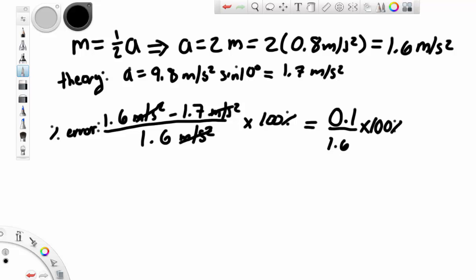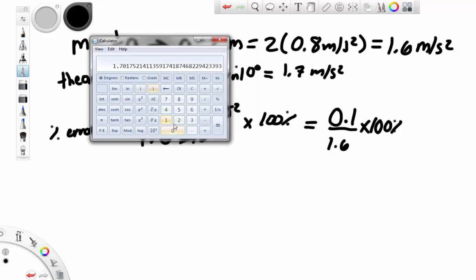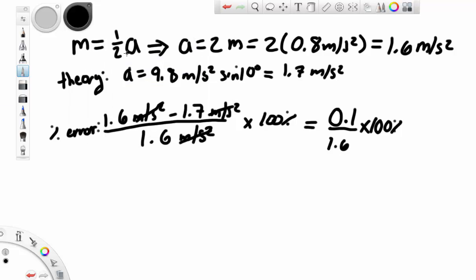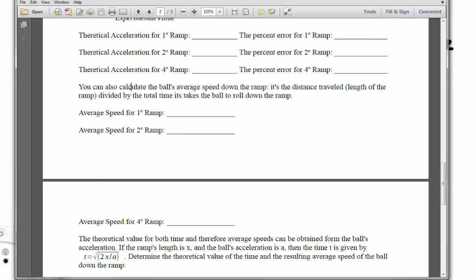So pull up our calculator once again, and 0.1 divided by 1.6 gives me 0.0625. That times 100% says 6.25%. So we can say that the percent error is about 6%.